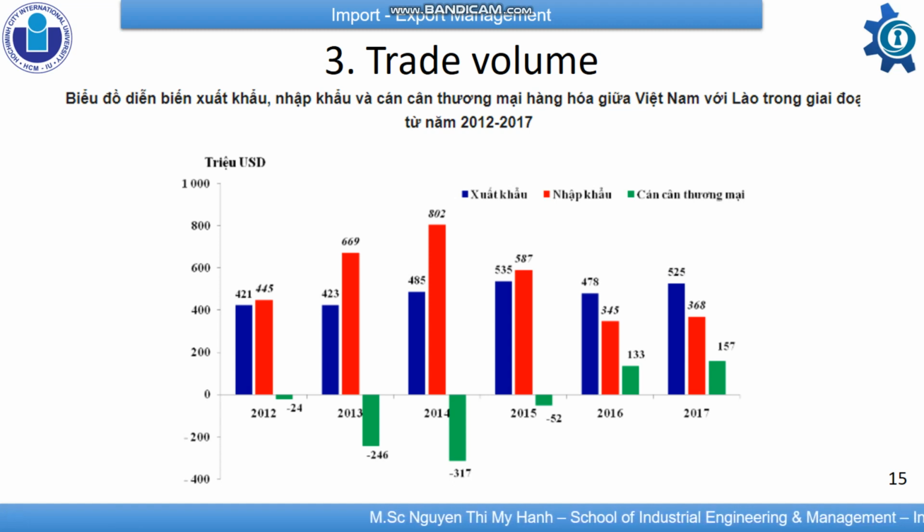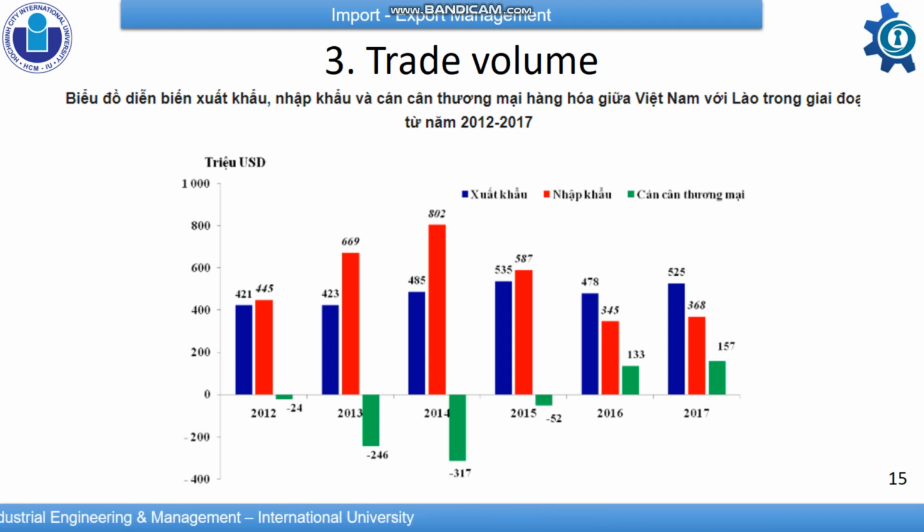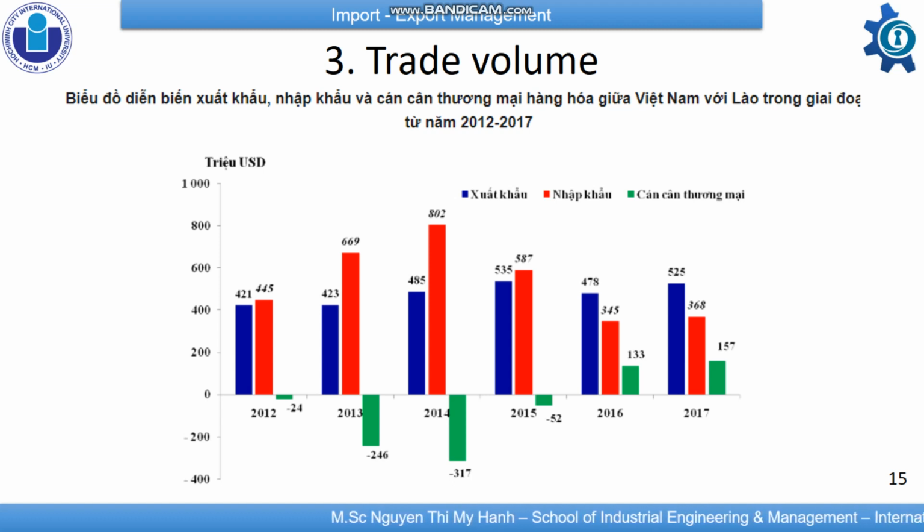That's why we have a deficit in the balance of trade. But in 2016 and 2017, we exported to Laos more than we imported. So the balance of trade is positive. It's when the surplus happens.